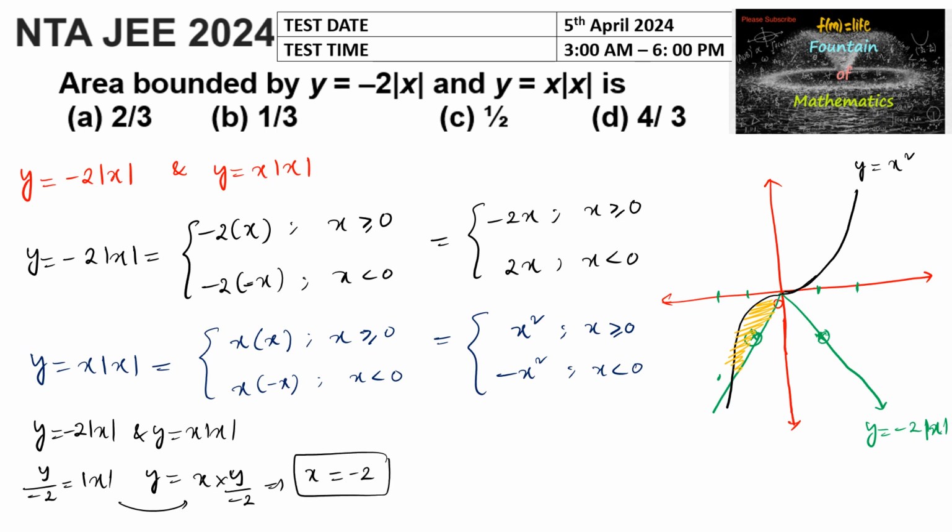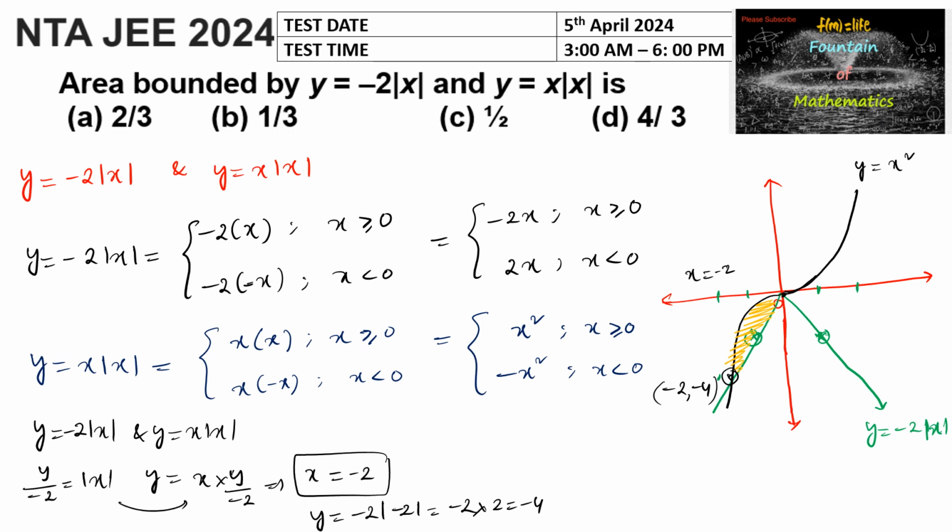So when x is equal to negative 2, y is equal to minus 2 into mod of negative 2, which is equal to minus 2 into 2, negative 4. So this point of intersection is minus 2 comma minus 4. So here x is minus 2 and here it is 0.